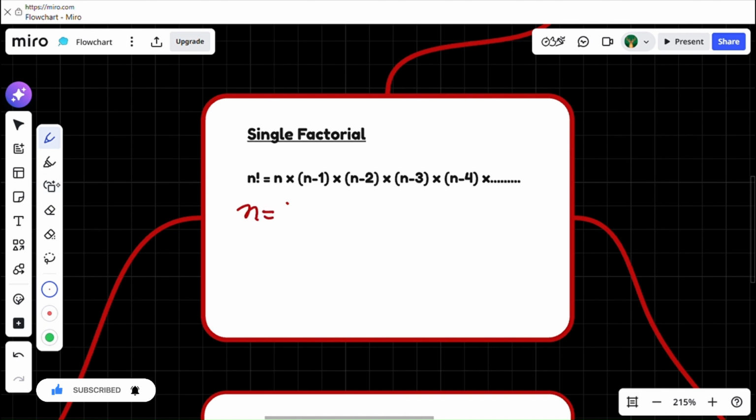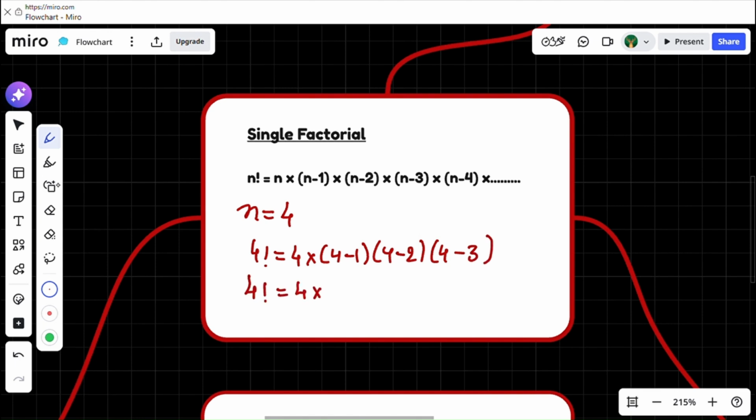So 4 factorial is equal to 4 multiplied by 4 minus 1, which is 3, and 4 minus 2 is 2, and 4 minus 3 is 1. So 4 multiplied by 3 multiplied by 2 multiplied by 1 is equal to 24.